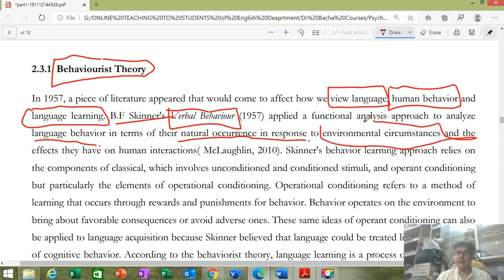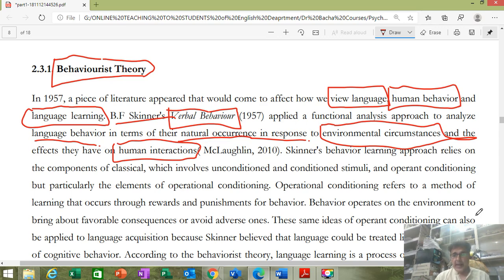Much of its focus lay on environmental factors and the effects they have on human interactions. Most of the focus of this work was on human behavior, so environmental factors were considered to be great contributing factors for language.